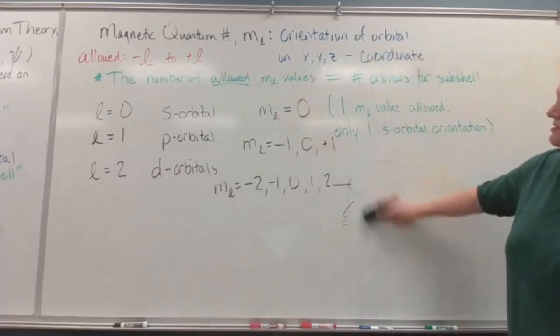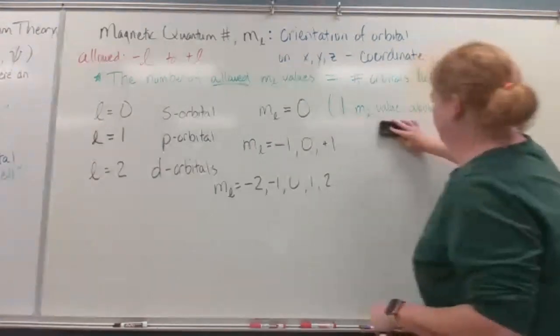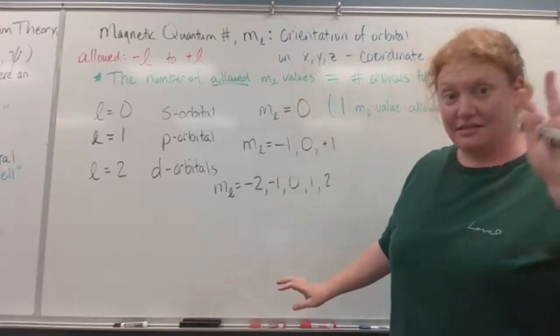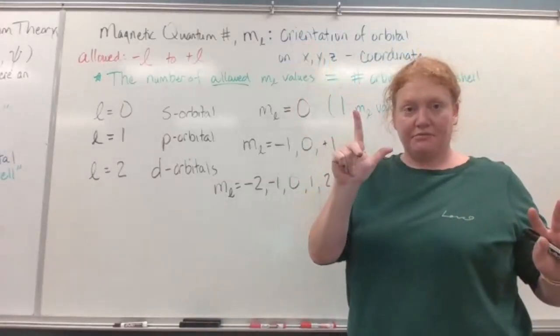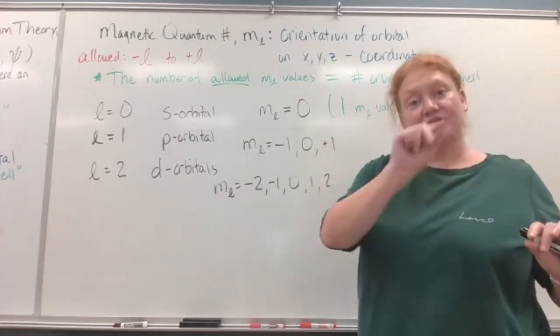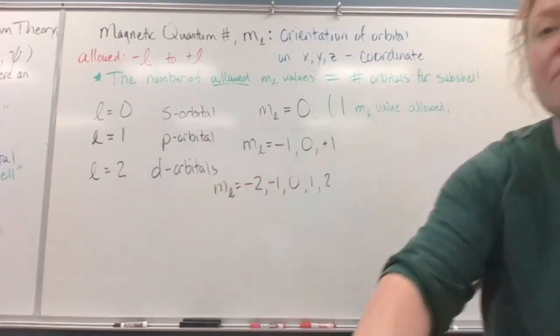How many d orbitals does that mean you will always find? You will always find 5 distinct d orbitals, all 5 having a different orientation, all 5 existing at the same time as soon as a d orbital is allowed. They're all there.